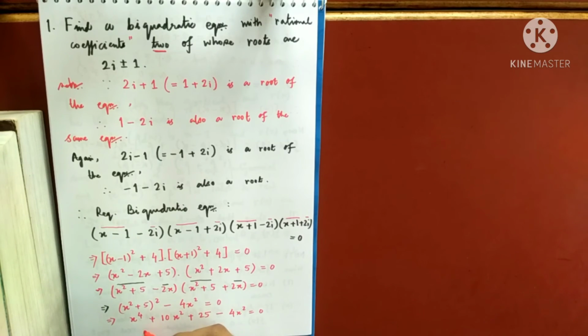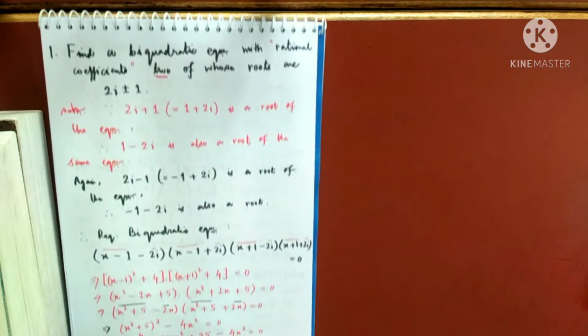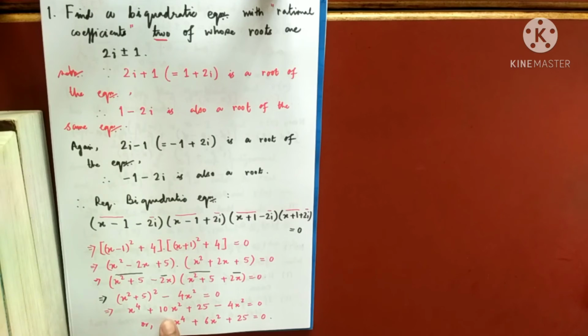So what is my final answer? x to the power 4 plus 6x square plus 25 equals 0. So this is my biquadratic having the roots 2i plus minus 1. Again, to get this answer, I used the previous theorem. And you see the coefficients are all rational numbers: 1, 6 and 25.